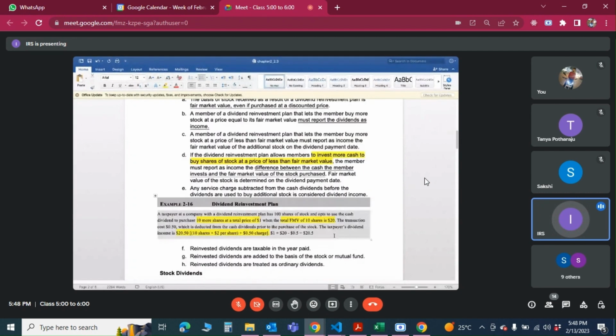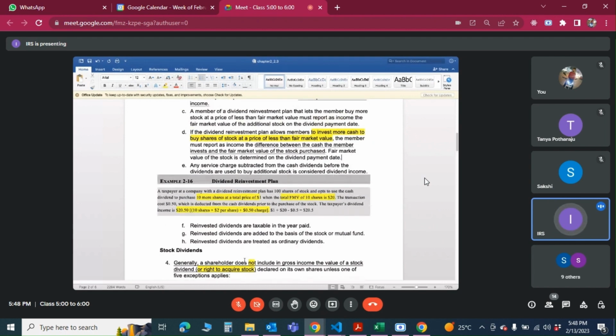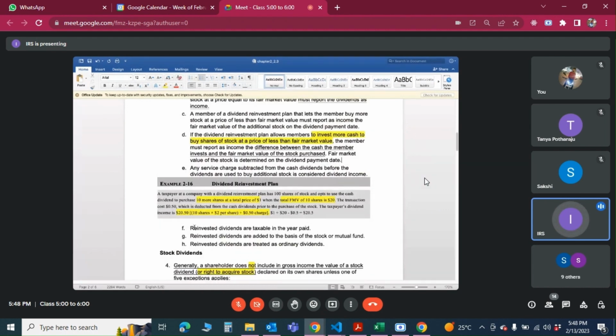We'll just go over one example, then it will make it clear. Reinvested dividends are taxable in the year paid. Fine, we know that they're all taxable. It's not that if we are reinvesting it, we're not taking it actually in our hands, so we have not earned the income. We have earned the income already.